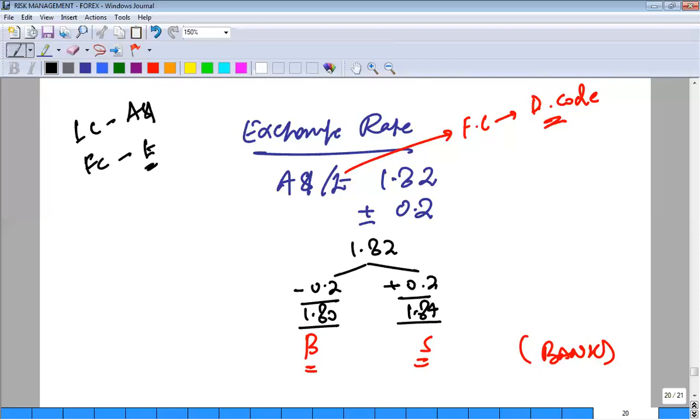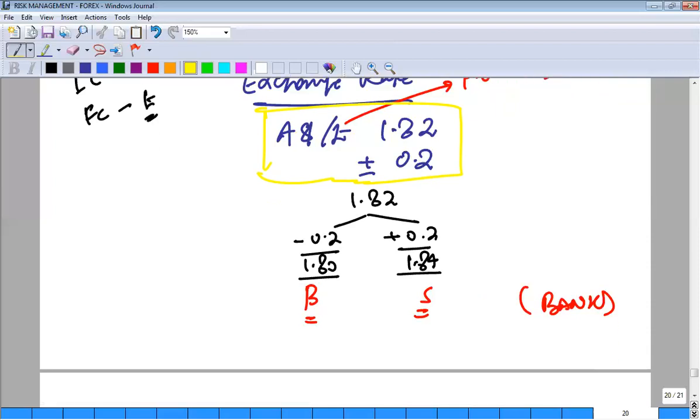So that is one style the examiner may give you. And you can first explore which rate is buying and selling. It may be for spot, it may be for forward. Same case.